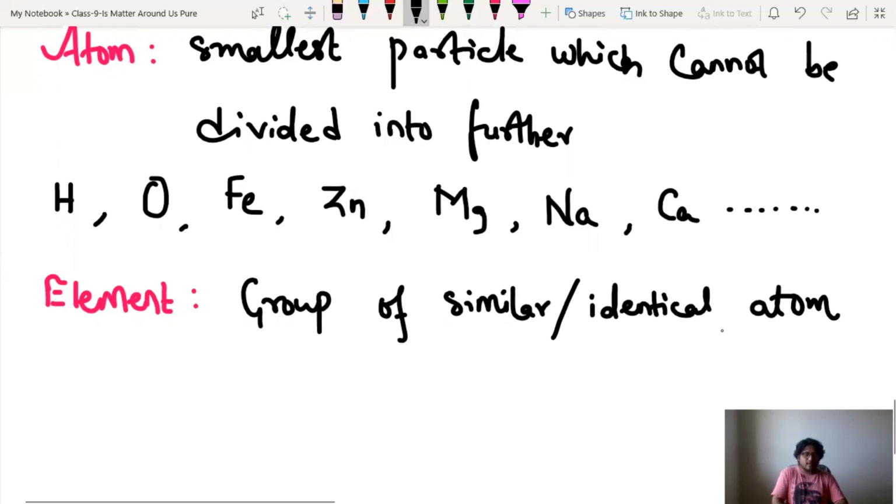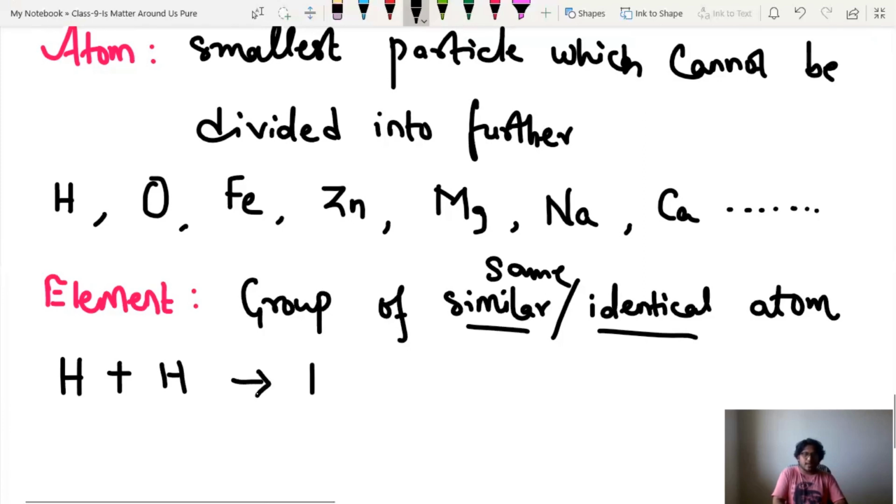Let us consider one example. Let us take hydrogen. If I mention H, that is hydrogen atom. Now add another similar, same or identical atom, that is hydrogen only. Hydrogen plus hydrogen gives rise to H2. Now if you see only H, you can consider it as atom.